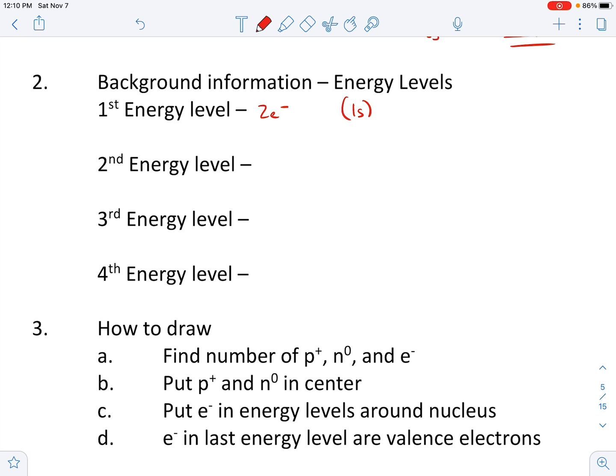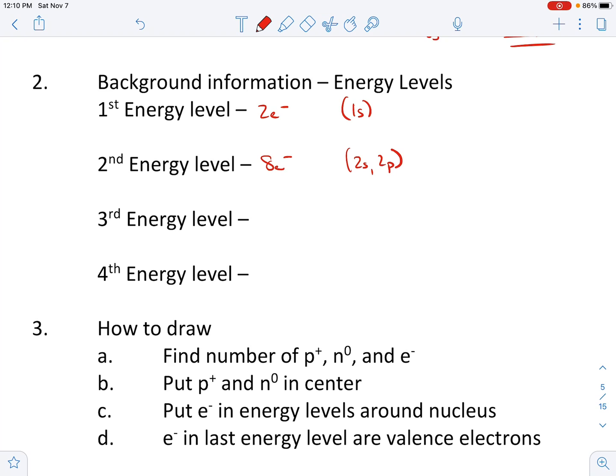Now, our second energy level, or our second row, had a 2s as well as a 2p. Remember, s can hold 2, p can hold 6, so we are now at 8 electrons. And that's kind of where the Bohr model works for us.